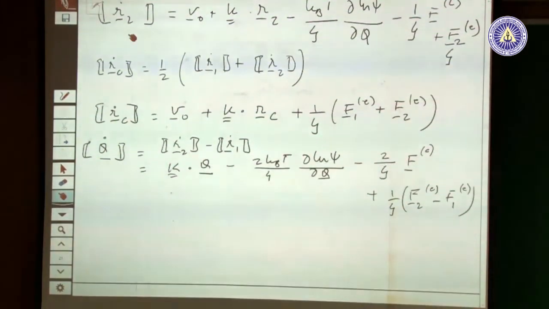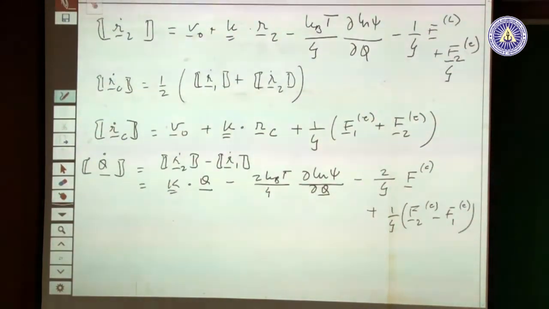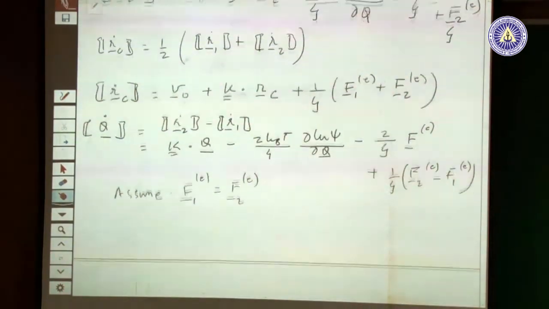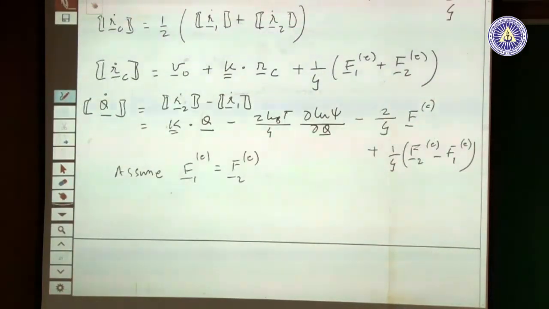Now, I am going to assume if there are any external forces that F1e is equal to F2e. They are the same on both the beads. Then this last term drops out, and we can finally write what is called the equation of motion for the connector vector, and this is a crucial equation that we need.